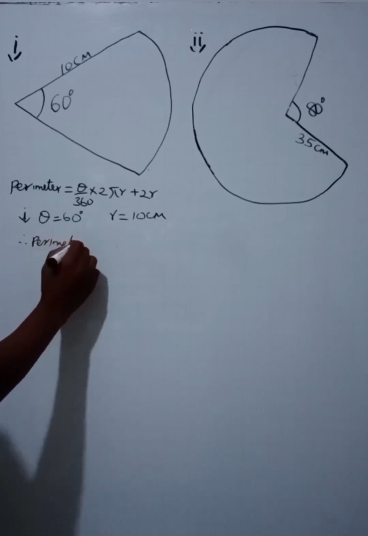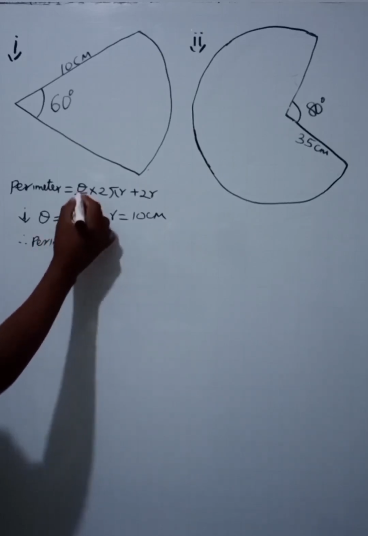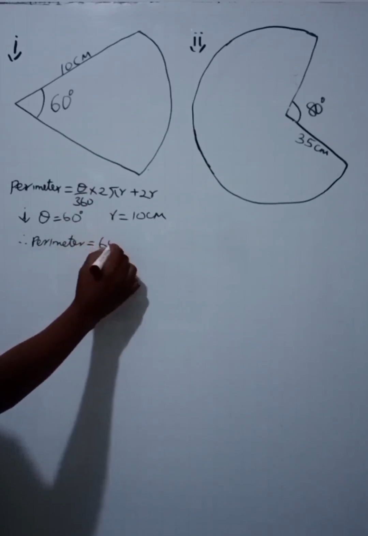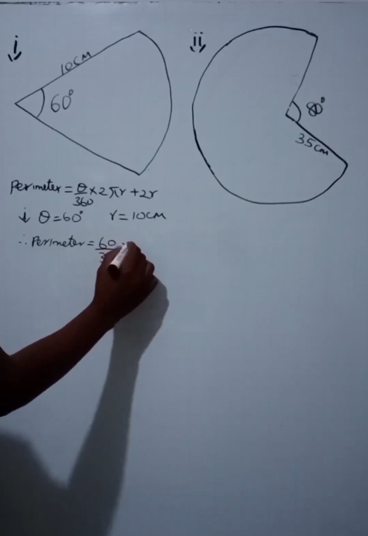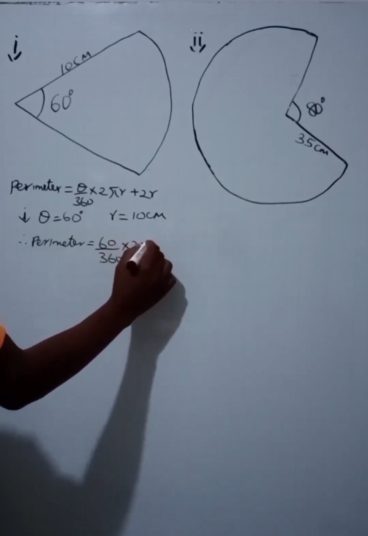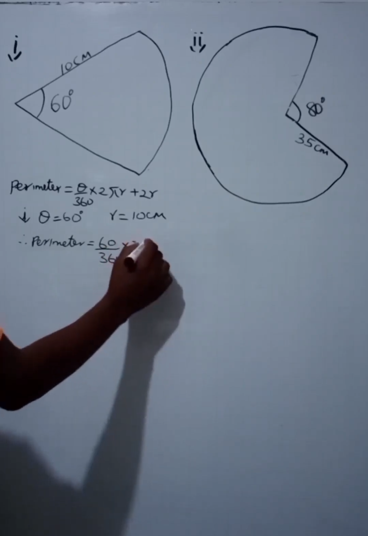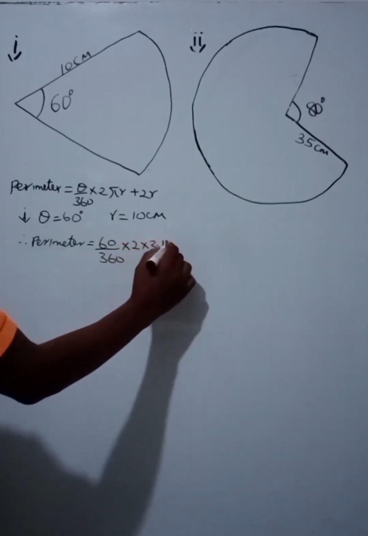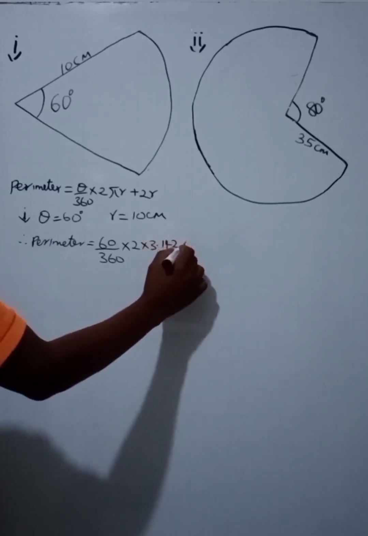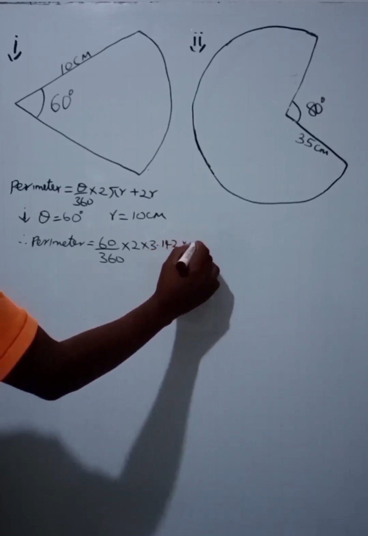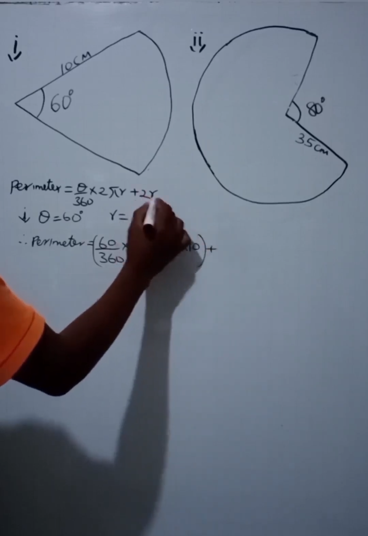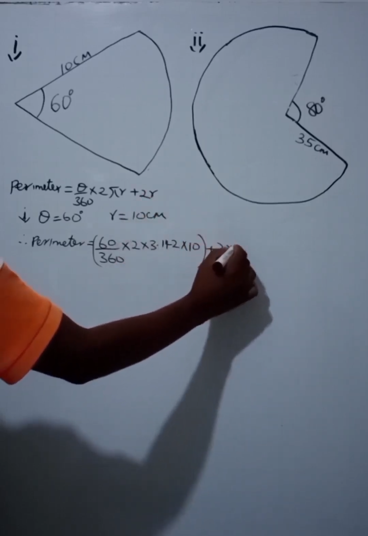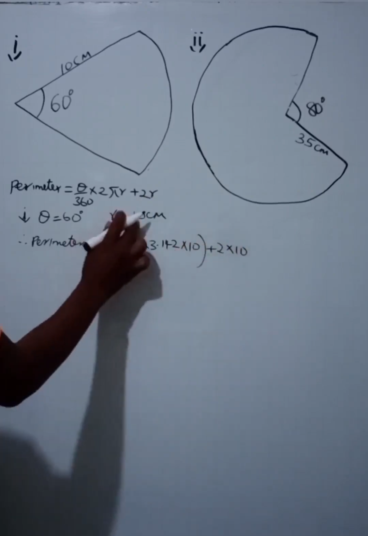perimeter will be given by our theta, which is 60 over 360, times 2 times the pi we are given, which is 3.142, times the radius being 10, and then we add 2 times the radius, which is 2 times 10 because our radius is 10.